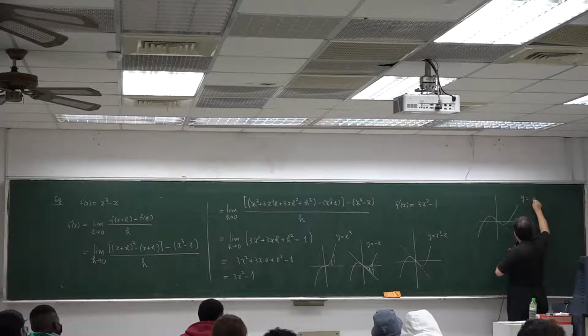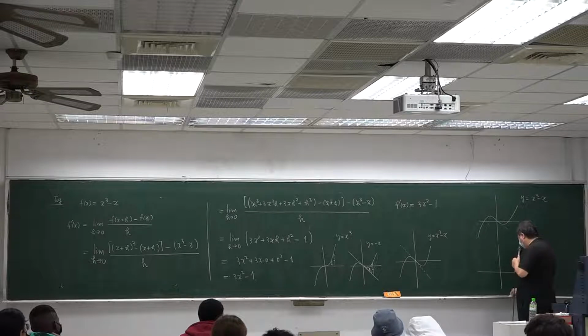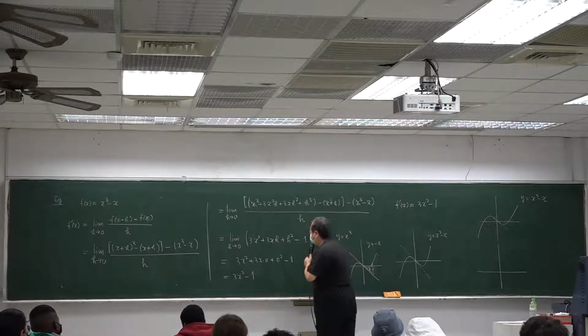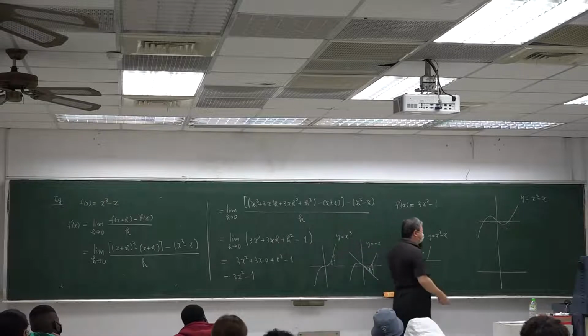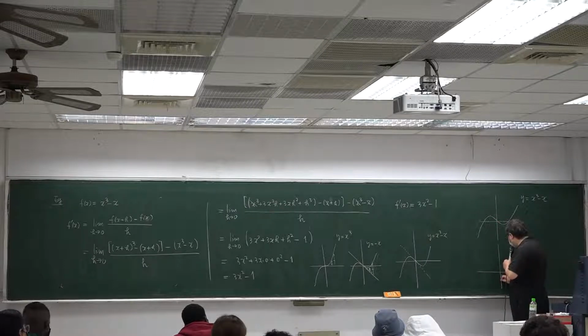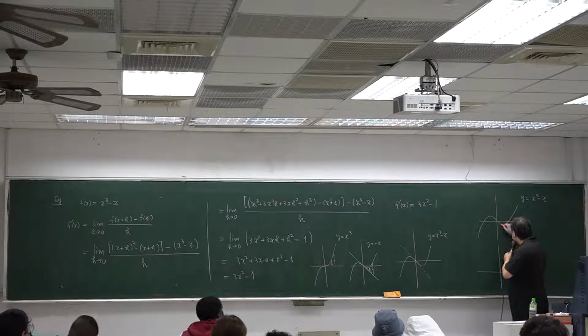y equals x cubed minus x, whose derivative is the slope function of this one. The slope here is minus 1. Slope here is 0.